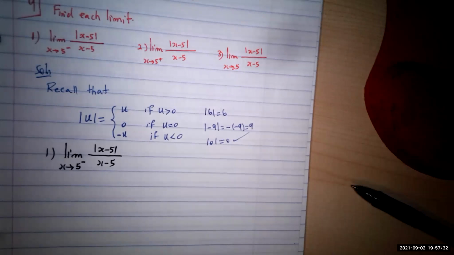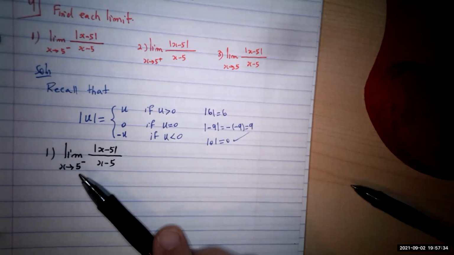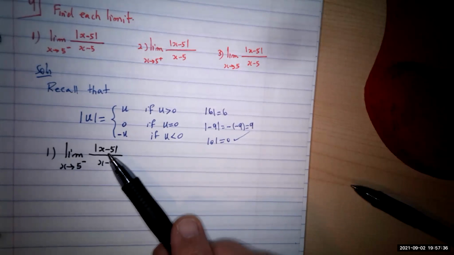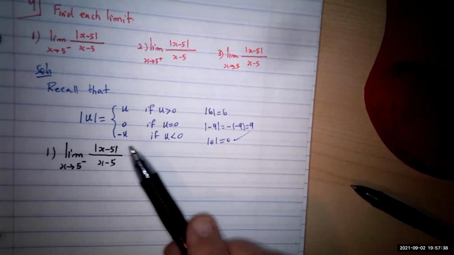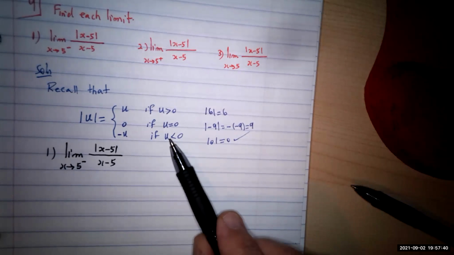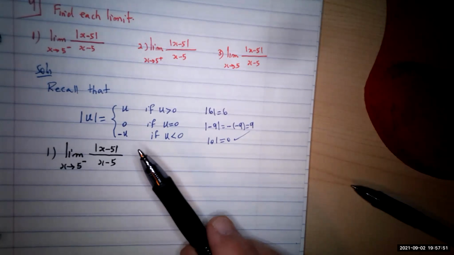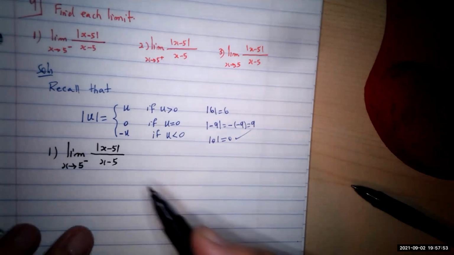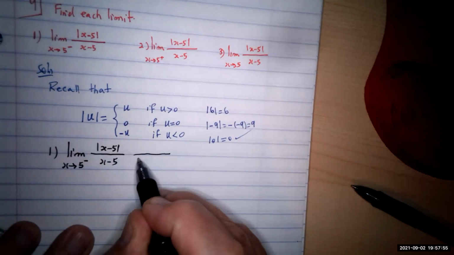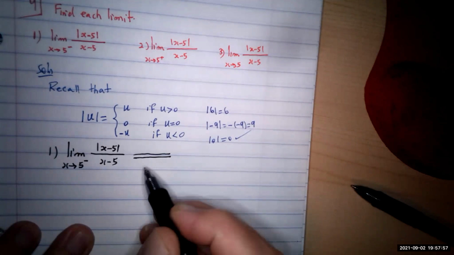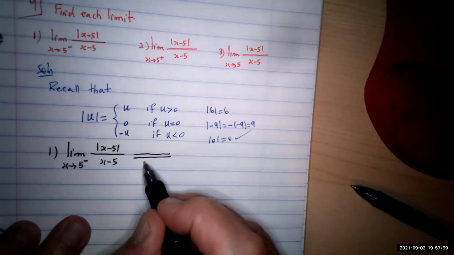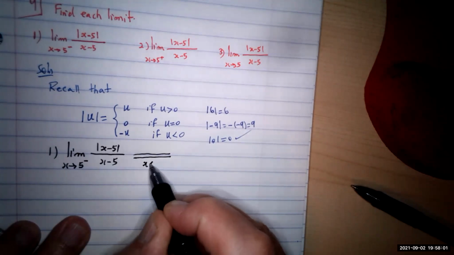So basically this means when x goes to 5 negative, inside the absolute value is negative. When the inside is negative, you drop the absolute value, but the result would be the opposite of the inside, the opposite of u. So x goes to 5 negative means x is less than 5.